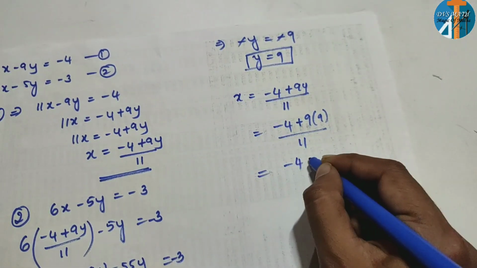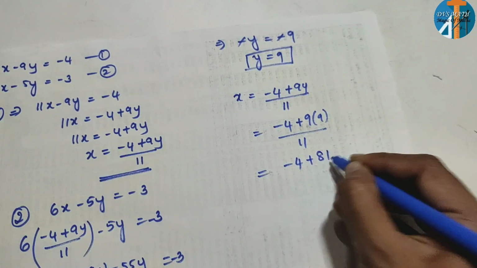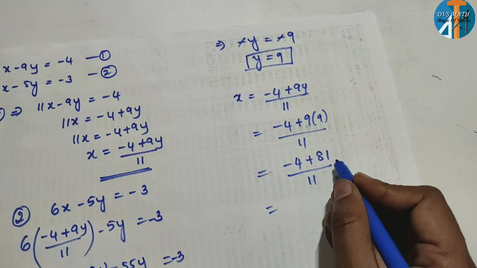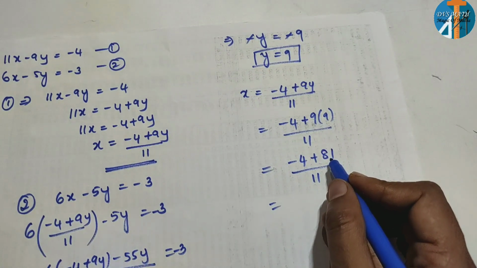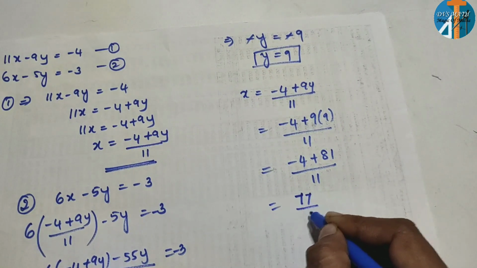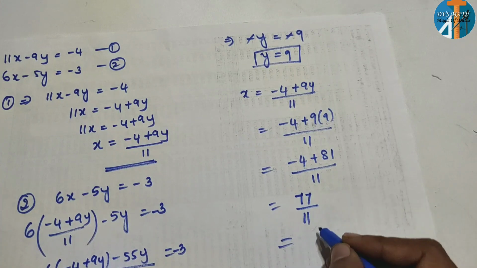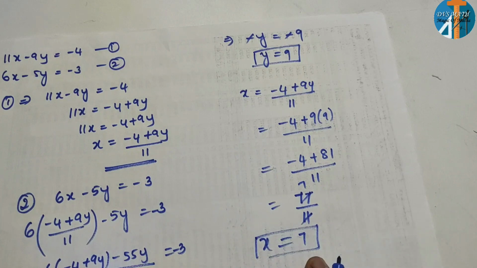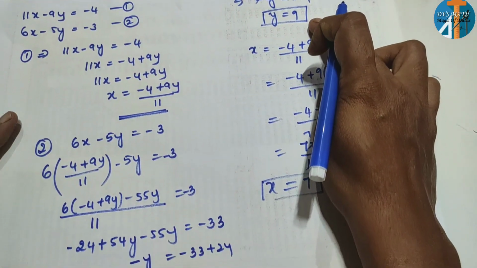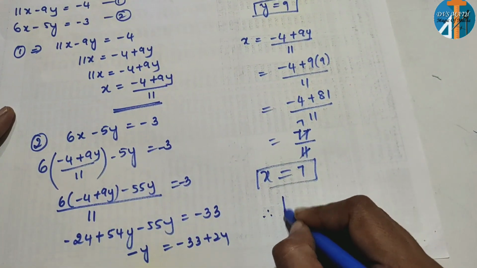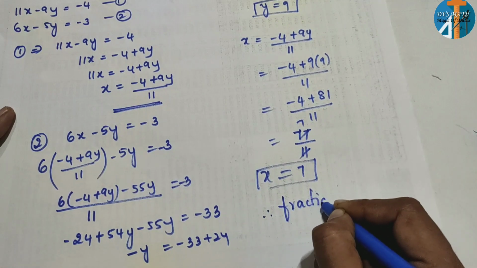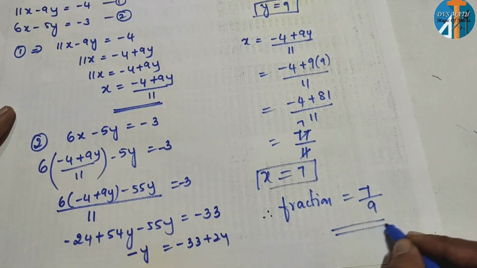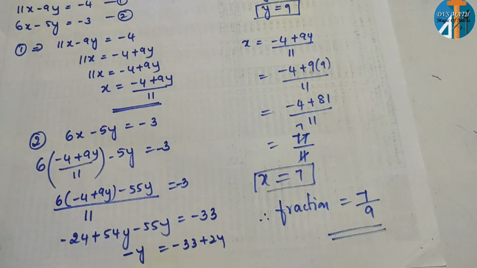Minus 4 plus 9 9s are 81, so minus 4 plus 81 you will get 77 by 11. 77 by 11, 11 7s are 77. So x is equal to 7. You are getting x is equal to 7, y is equal to 9. Therefore the fraction, if we consider the fraction is x by y, means 7 by 9. So the fraction is equal to 7 by 9.